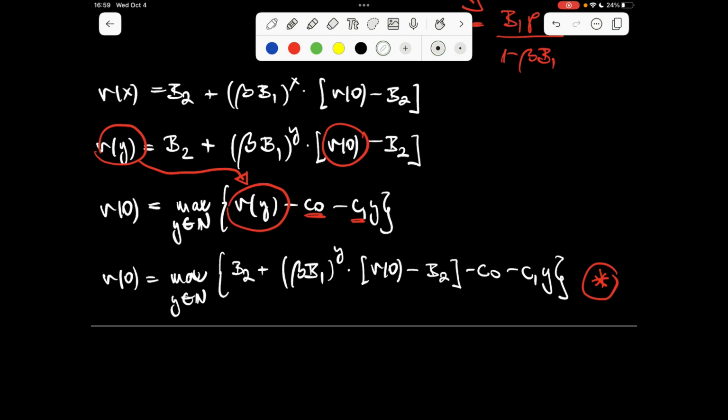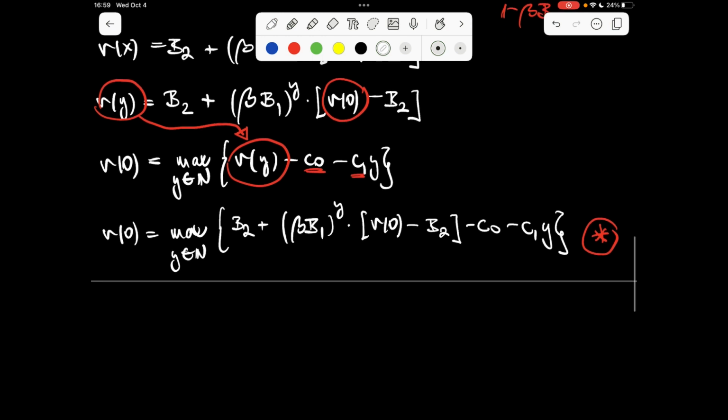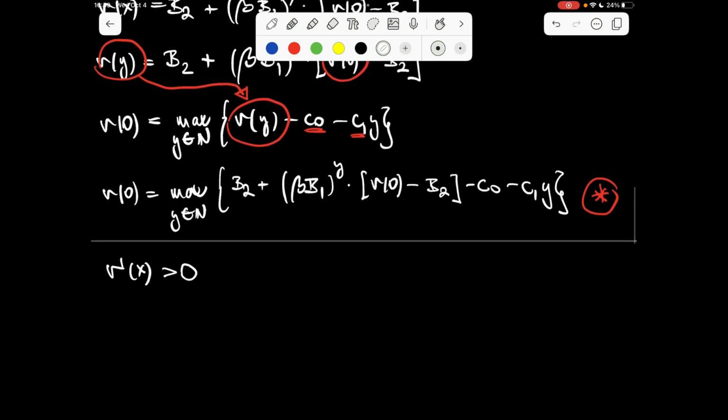But before finding the first order condition, we want to ensure that the value function is strictly increasing in x. So what to do to make sure that the value function is strictly increasing?